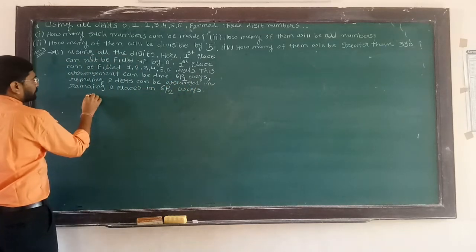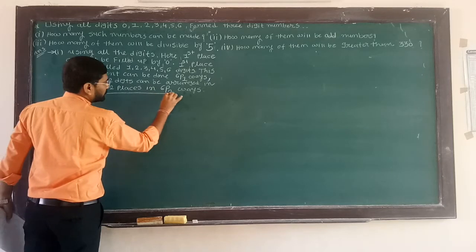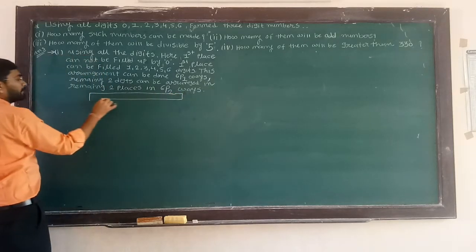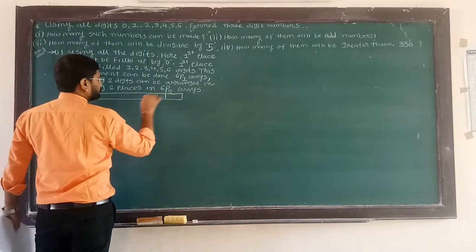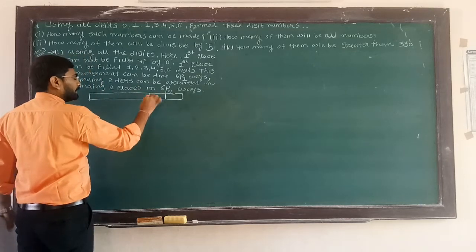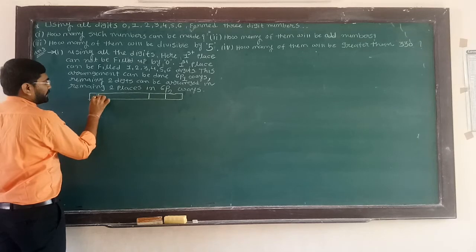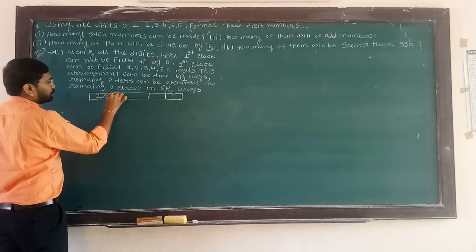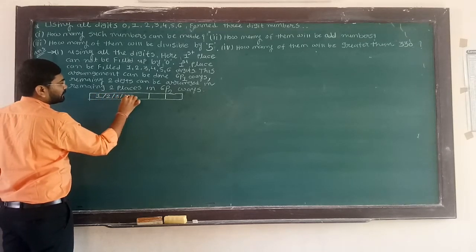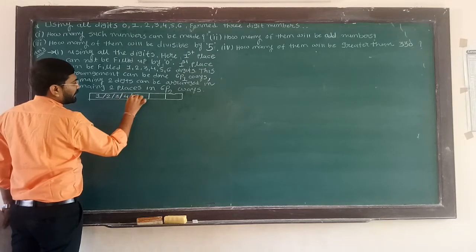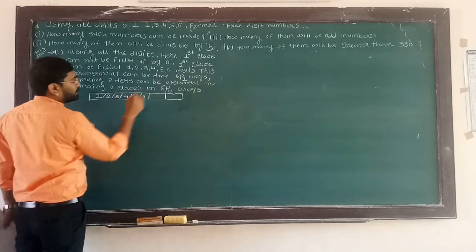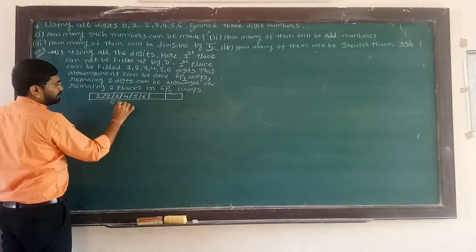See the students, we draw the graph here. Here place numbers 1, 2 and 3. In place number 1 we can arrange 1, 2, 3, 4, 5 or 6. So we can write here 6P1 ways.